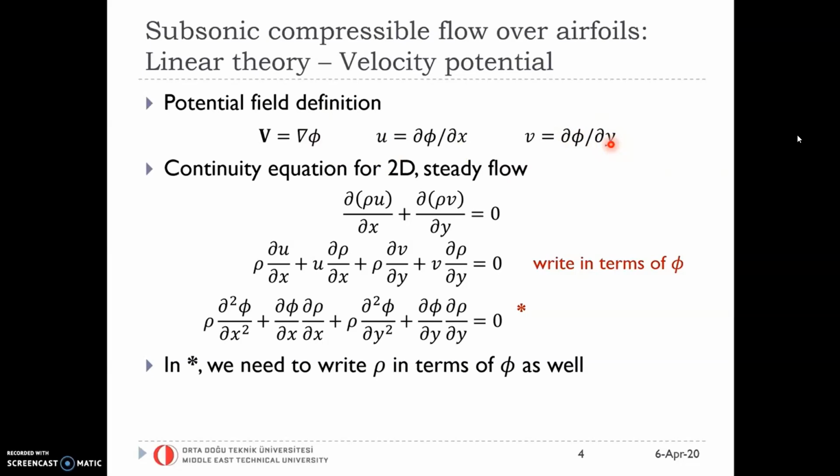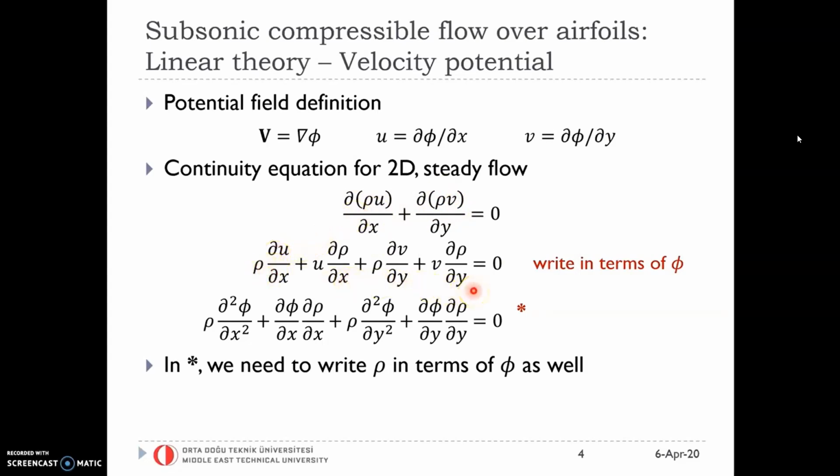Now let's start looking at the continuity equation for a 2D steady flow. I will limit myself to 2D flow for the sake of simplicity, and here you have the general form of the continuity equation under the steady flow assumption. If you distribute this d over dx to the multiplying terms here, then you end up with these 4 terms.